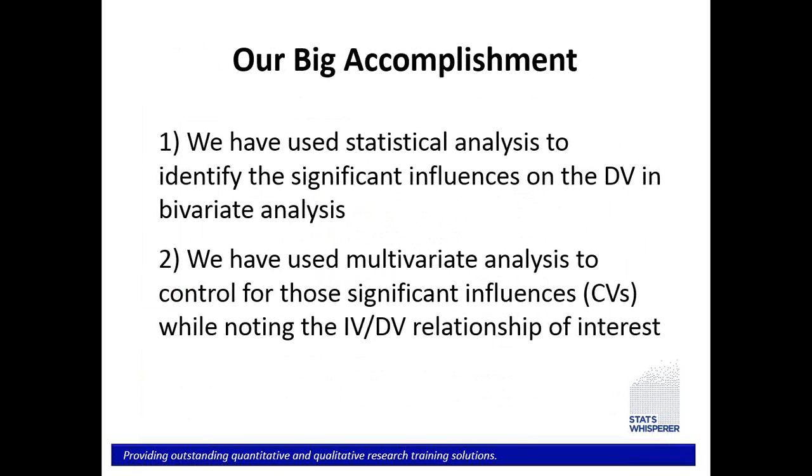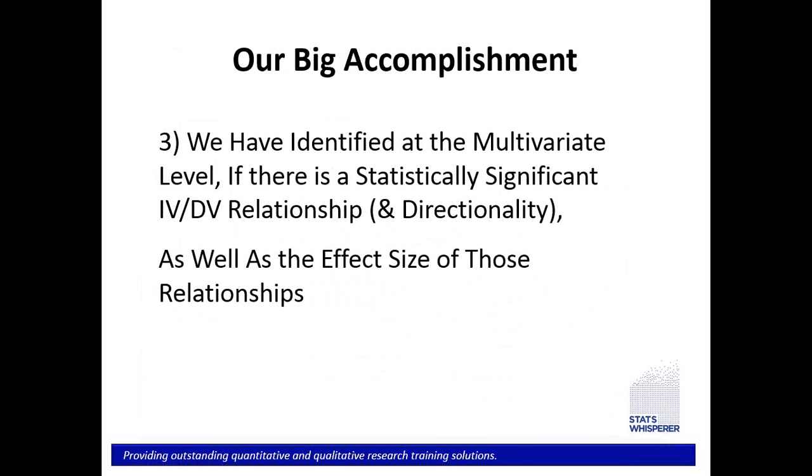It's all very solid. Then 3, we've identified at the multivariate level if there is a statistically significant independent-dependent variable relationship and that directionality, as well as the effect size of those relationships.